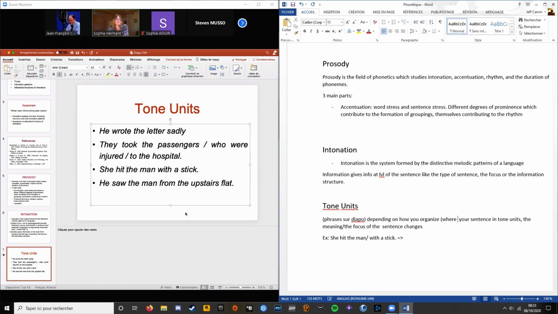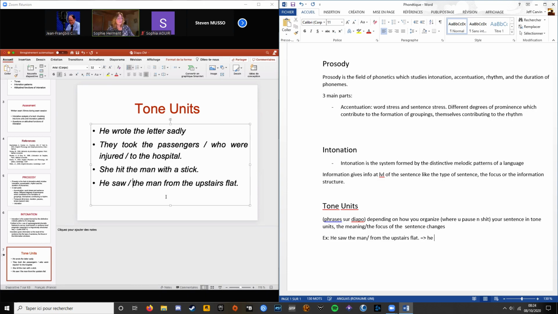And the last one is exactly the same thing. If you say he saw the man from the upstairs flat, it means that he was on the upstairs flat when he saw the man. Okay, so the person who saw the man was on the upstairs flat. But if you say he saw the man from the upstairs flat, it means that he saw the man who lives on the upstairs flat, for instance.